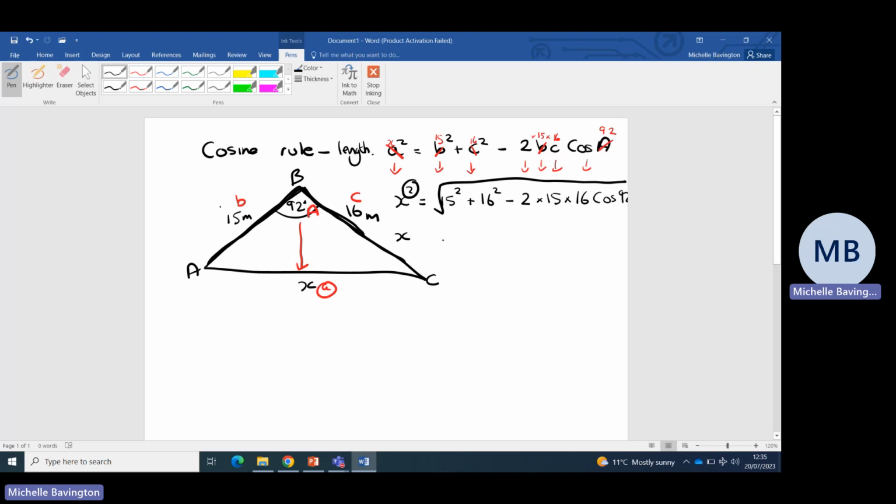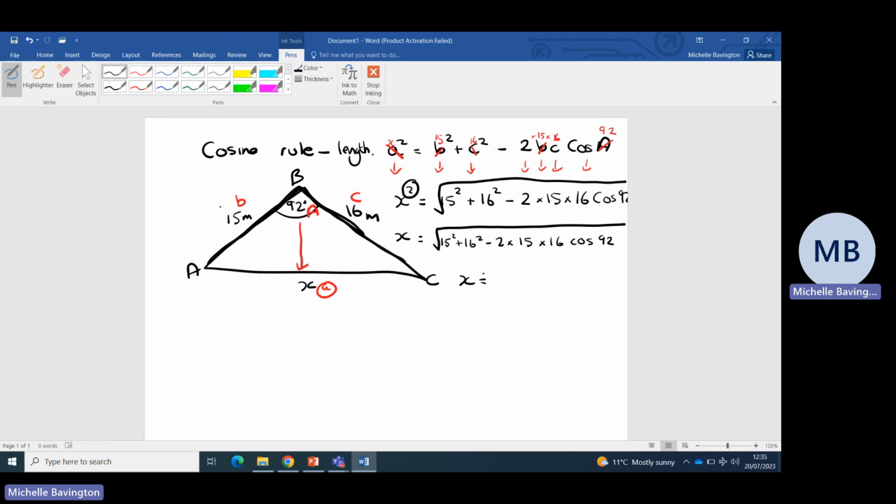So now I can put that all in my calculator: 15 squared plus 16 squared minus 2 times 15 times 16 cos 92. And I end up with x equals, let me get my calculator because I can't do that without it.